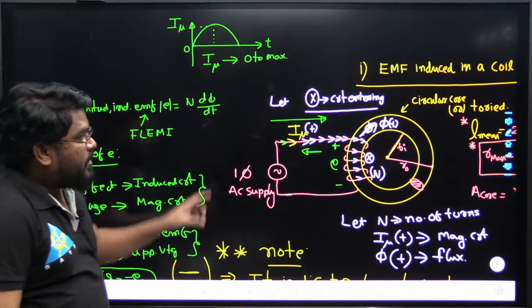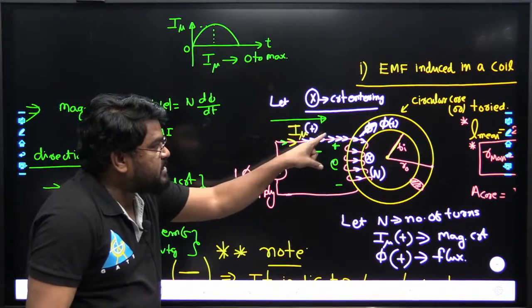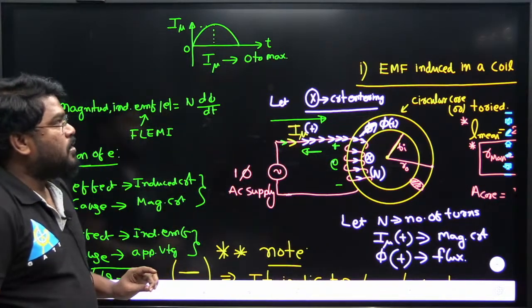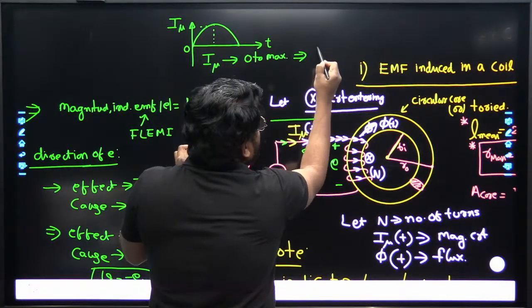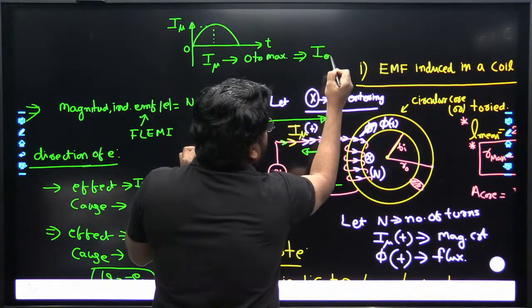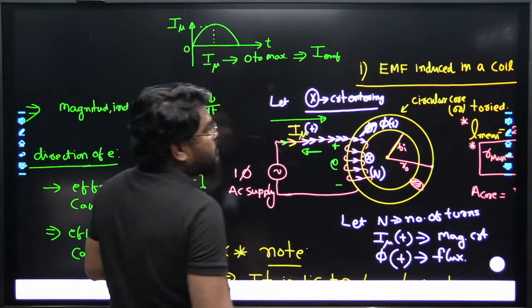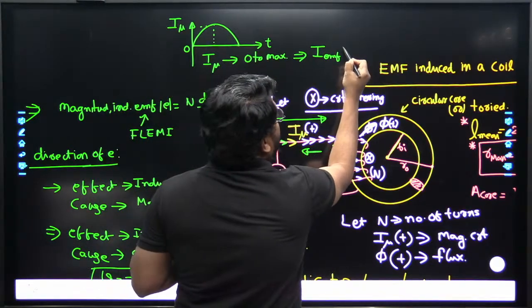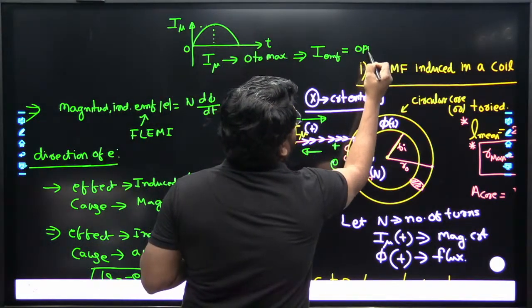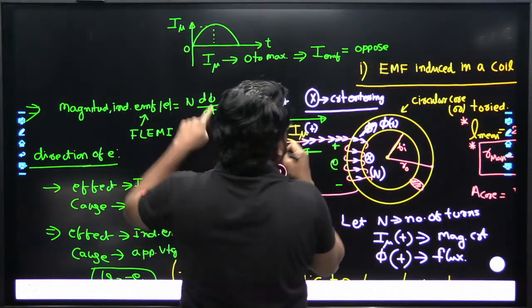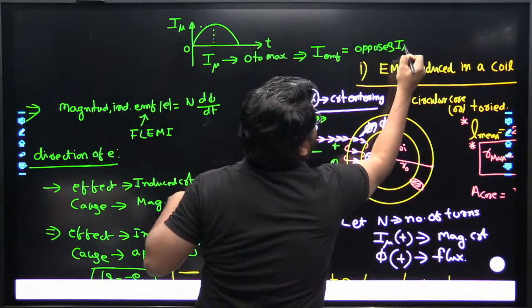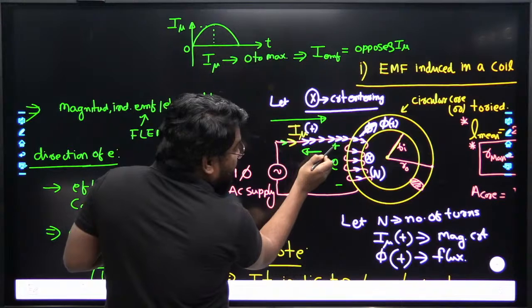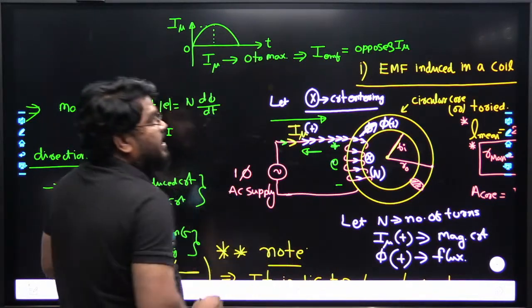See here, when the magnetizing current changes from 0 to the maximum, this induced current due to the induced EMF must oppose the magnetizing current. That's why the polarities here are positive and negative.